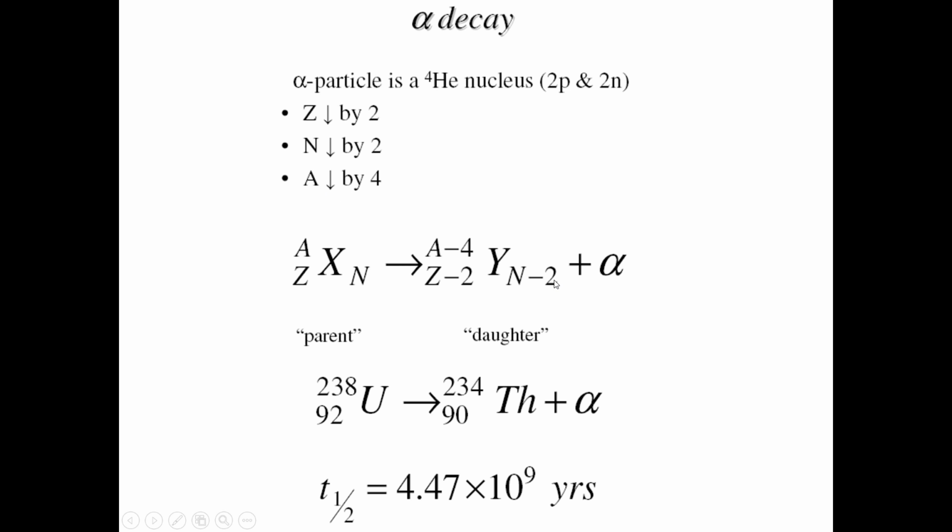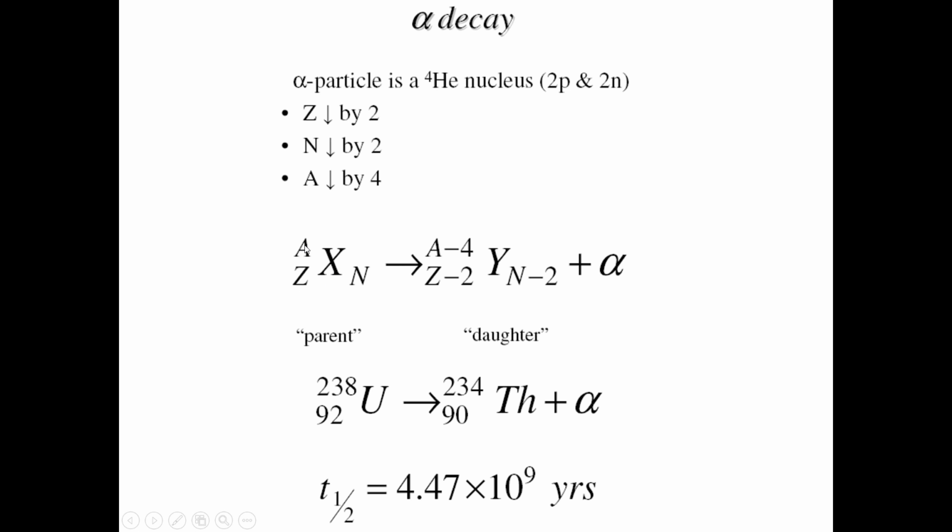So the general equation that represents alpha decay is given like this. We have a parent nucleus that we denote by capital letter X, with a subscript Z, which basically means the number of protons in that parent nucleus.